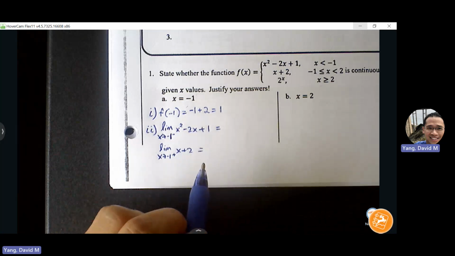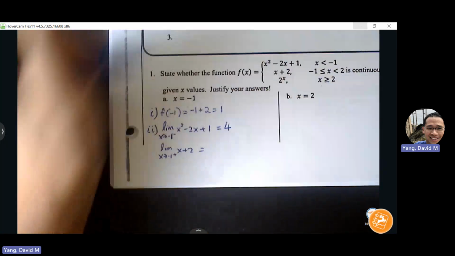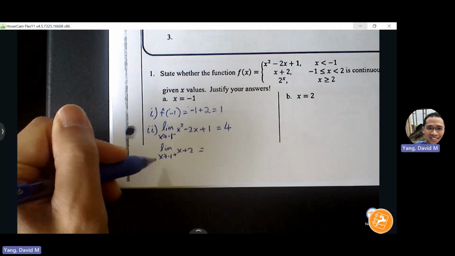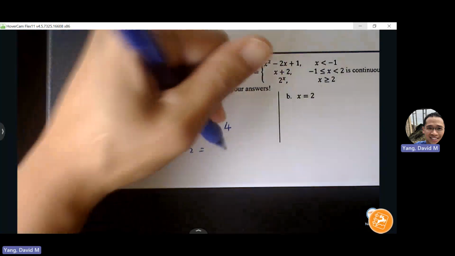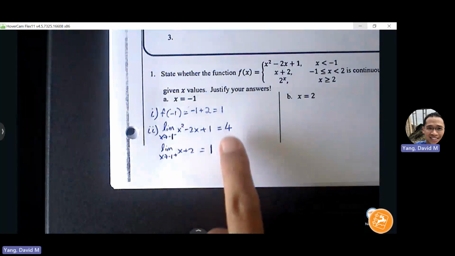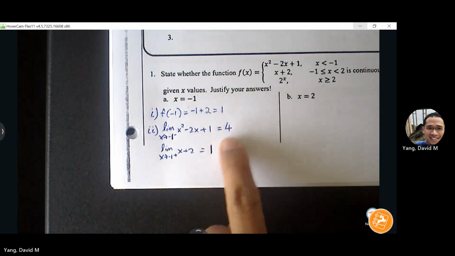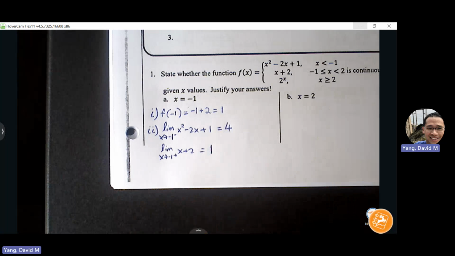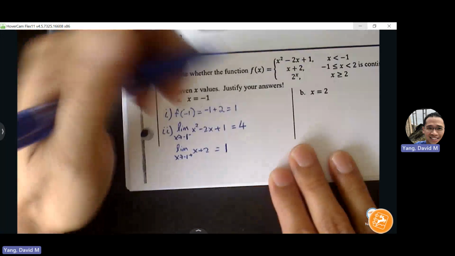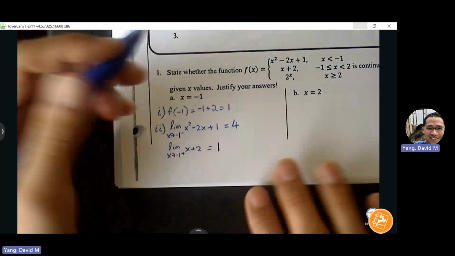So 1 plus 2 is 3, 3 plus 1 is 4. But from the other side, the graph is headed towards 1. What do you notice? Not in agreement, right? My one-sided limits are not even headed towards the same y value. So my function is not continuous because it fails that second condition.